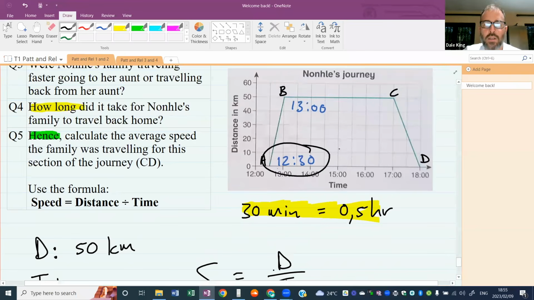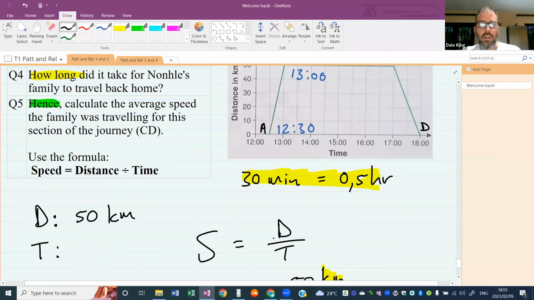Okay, so we go to our graph here and we see in our graph that the time at A at the starting is 12:30 and the time at B at the end is 1. Now you guys know that's half an hour, all right? But some of you might have written it here as 30 minutes. Now you can put 30 minutes in the formula, but then your answer is going to come out in kilometers per minute, and we want kilometers per hour.